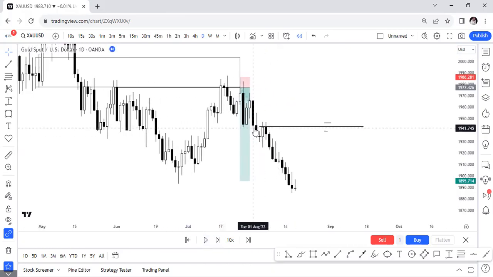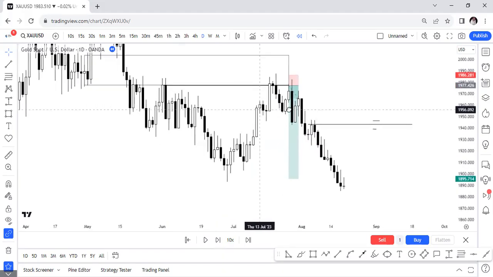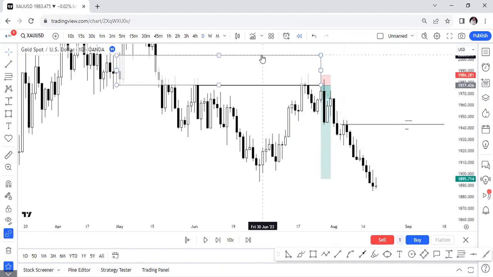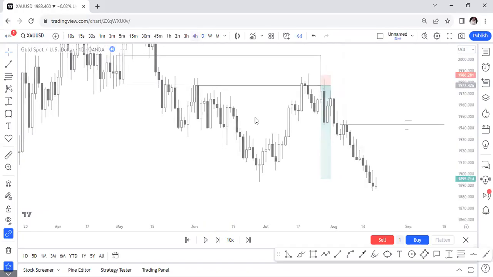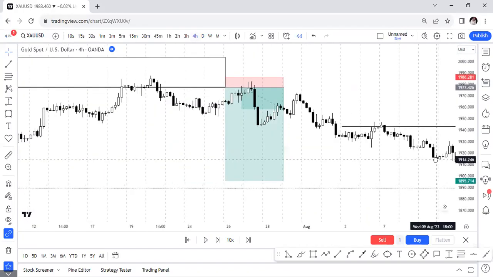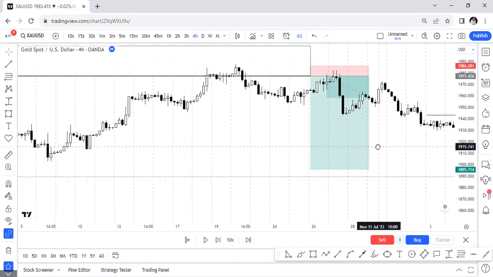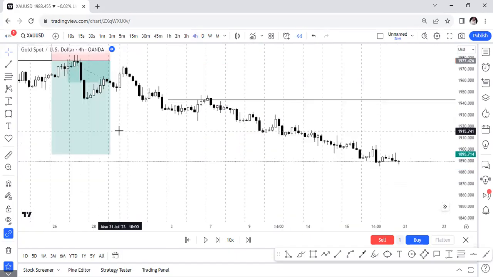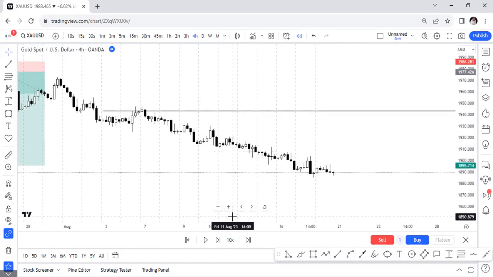You see, it's hit. So your stop loss is not hit. So that is that. Maybe when we look at that, we look more into this.